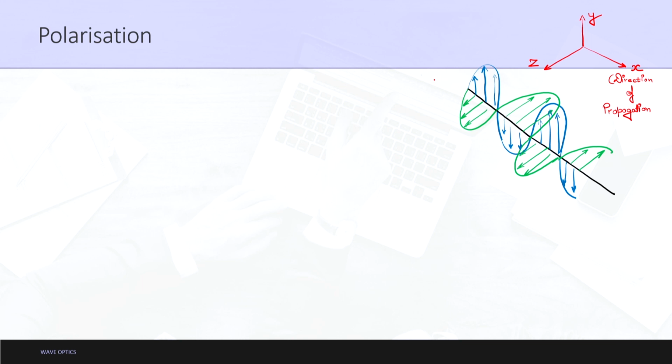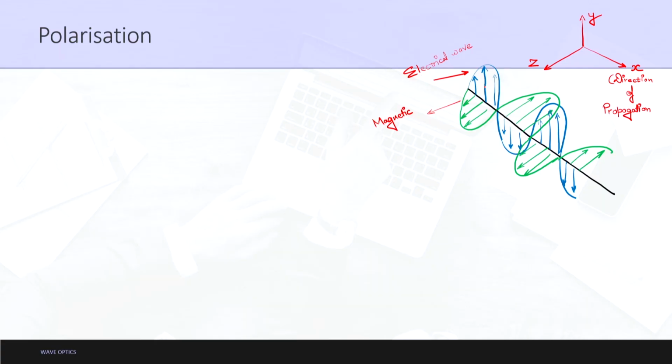Let us suppose this is the electric signal being talked about here. Let us say this is the electrical wave, and let us suppose this is the magnetic wave. For any type of signal to pass from point A to point B, there should be vibrations occurring. So those vibrations we are assuming with this line signal. Let us suppose there needs to be a processing of light from point A to point B. Then these signals in the form of a sinusoid will go from point A to point B.